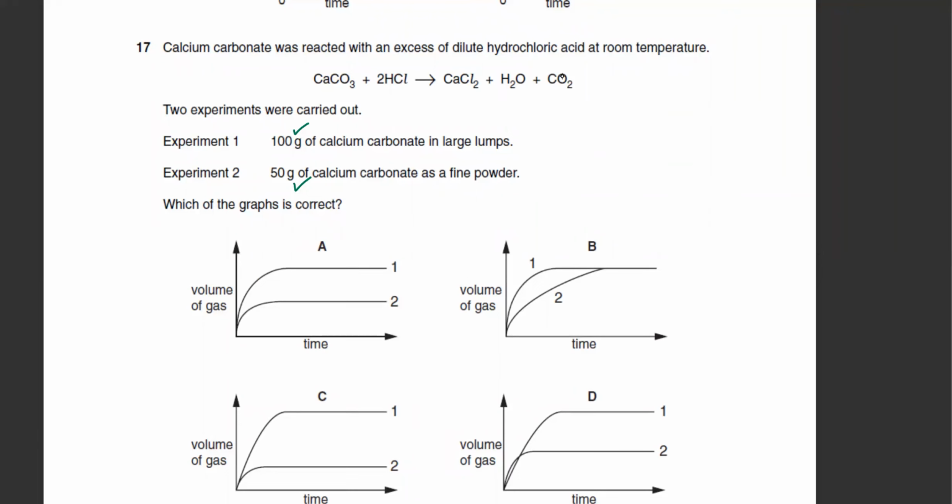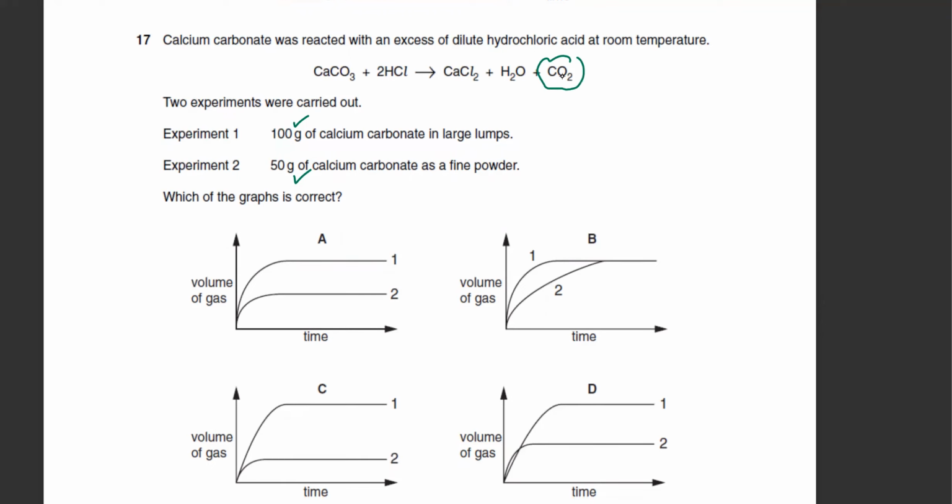Which one would produce more carbon dioxide? Experiment number 1, because you're adding more calcium carbonate. So it's going to be 1.